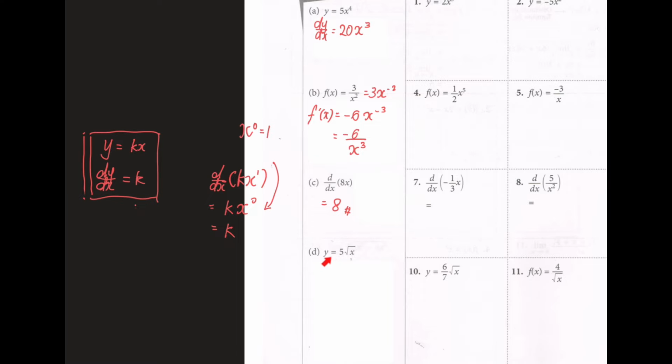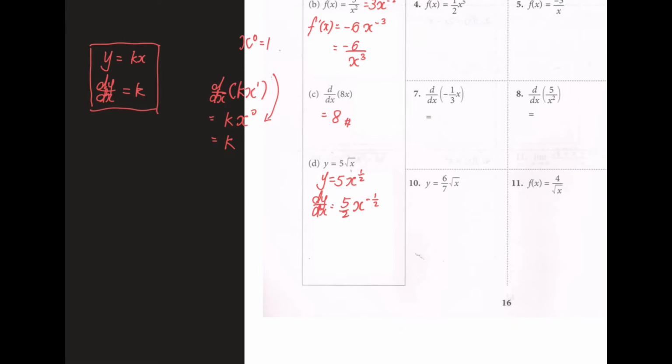Okay, now we look at another example. y equal to 5 square root x. We know that square root x is x to the power of half. Then we do dy/dx. Based on the formula, the first step is the power half has to come in front and multiply. 5 multiplied with half is 5 over 2. Second step, minus 1 to the power. Half minus 1 is negative half.